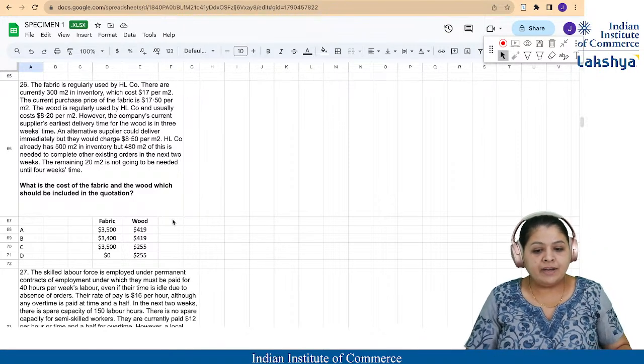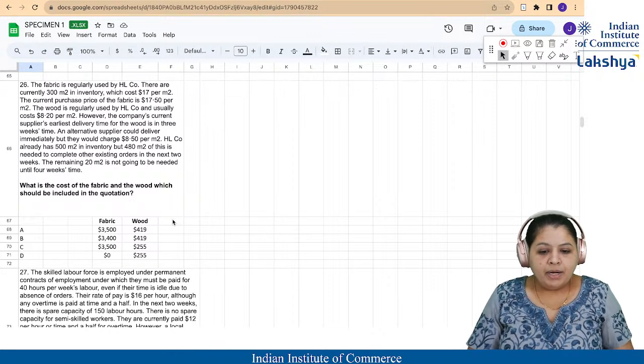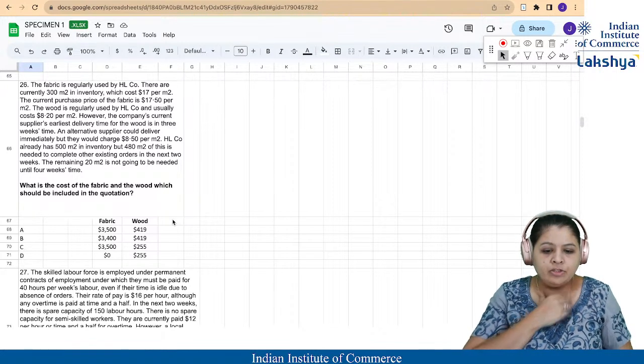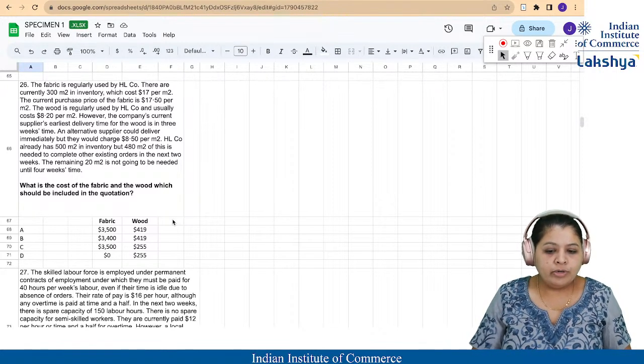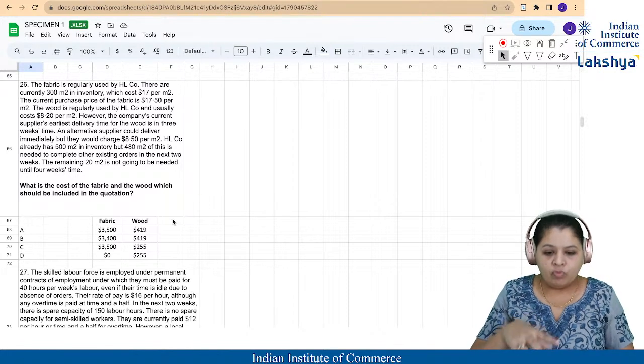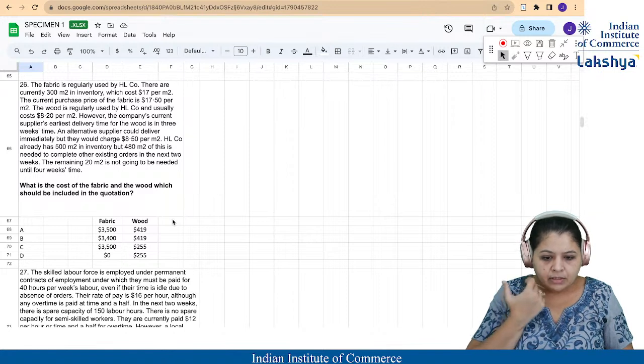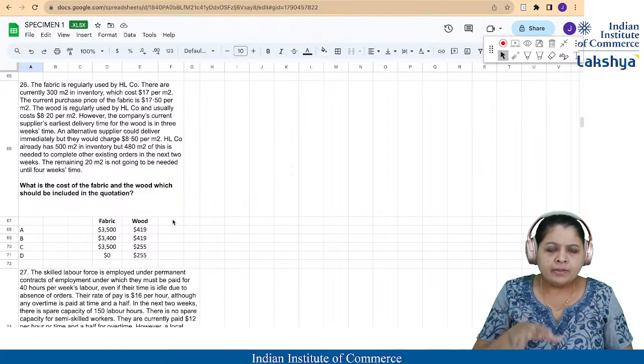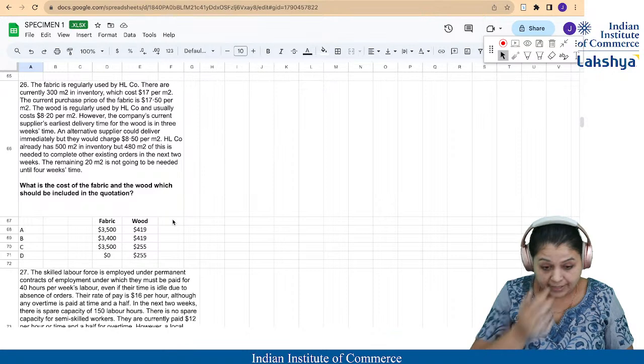HL already has 500 meters in inventory, but 480 is needed to complete the existing order in the next 2 weeks. The remaining 20 meters is not going to be needed. So what we can do is pull up this 20 meters of wood from here and buy the other ones from the supplier.